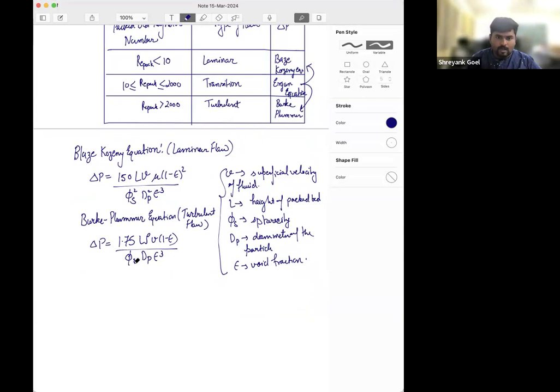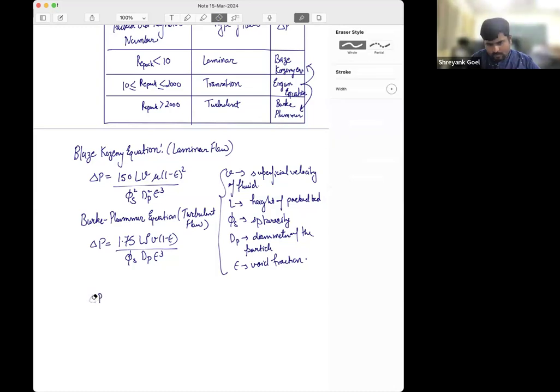Okay. And adding these two equations gives the Ergun equation that should be used for the case of the transition region. So delta P for the transition region is the Ergun equation.